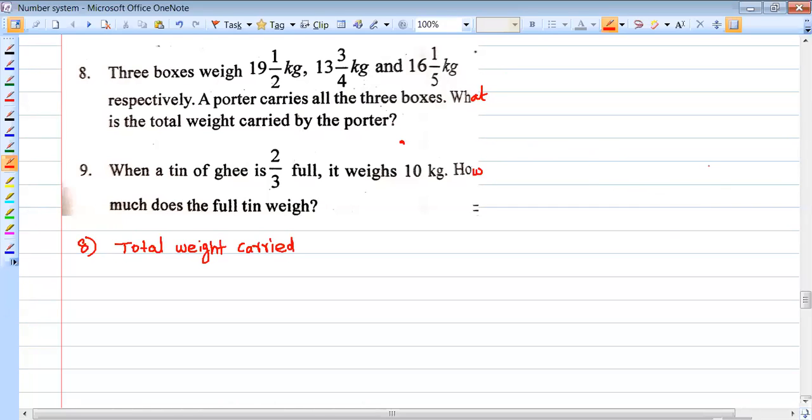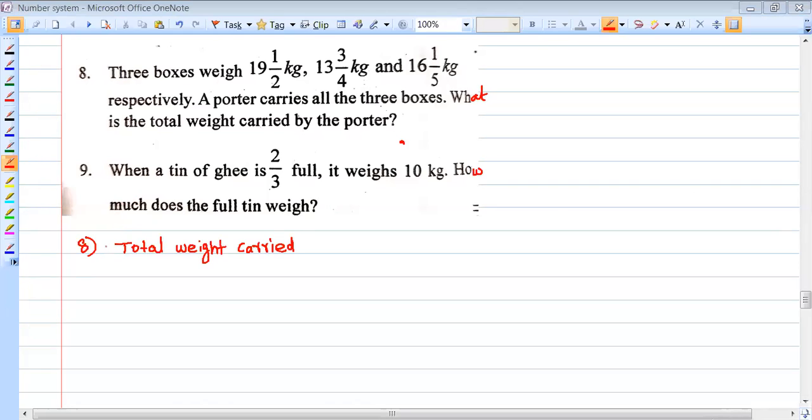Let's see whose answer is correct. 49 9/20. Yashwant, Rishi, Monica: 989 by 20. Okay, so we check whose answer is correct.